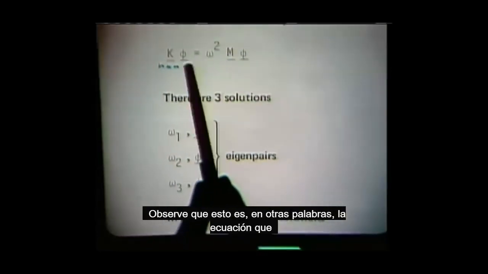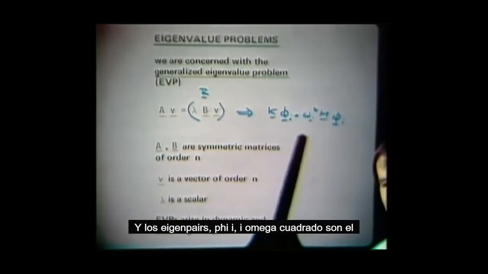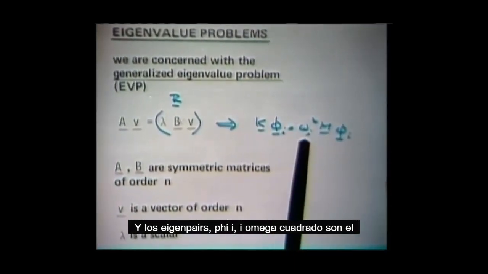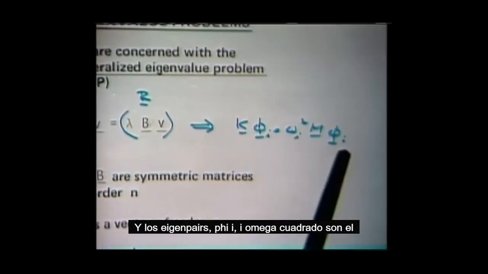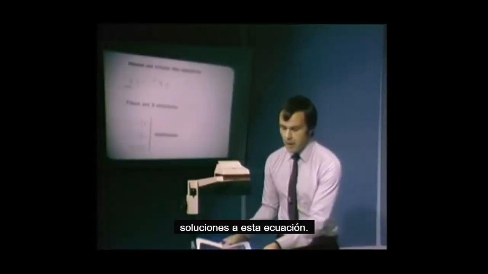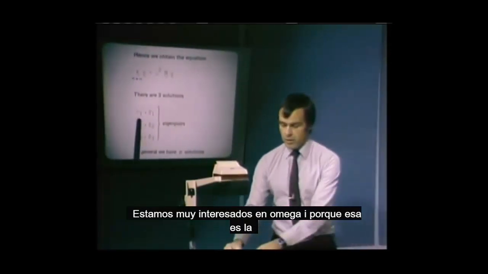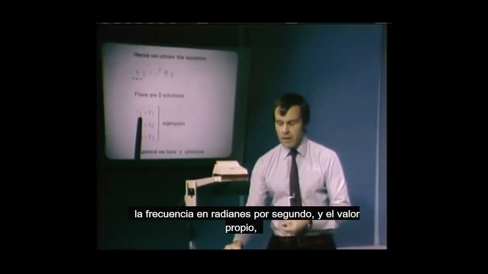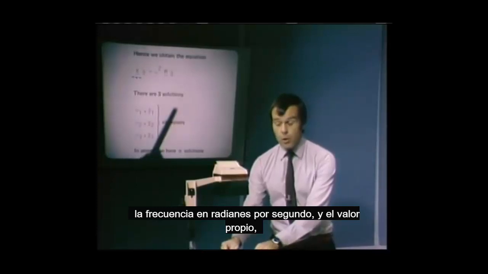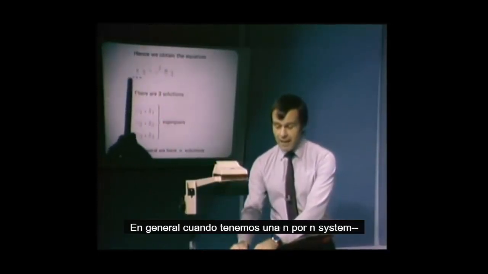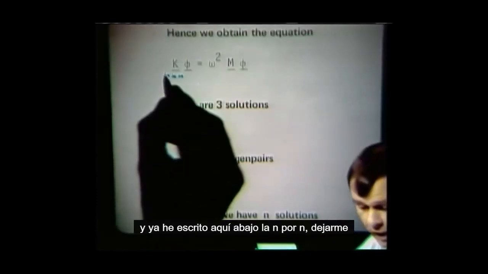Notice that this is the equation that I talked about earlier, and the eigenpairs phi I, omega I, or omega I squared, are the solution to this equation. We are really interested in omega I because that is the frequency in radians per second, and the eigenvalue, however, being omega squared.